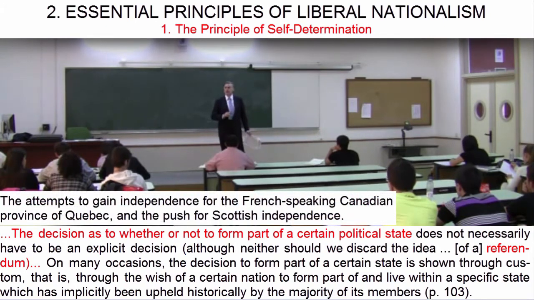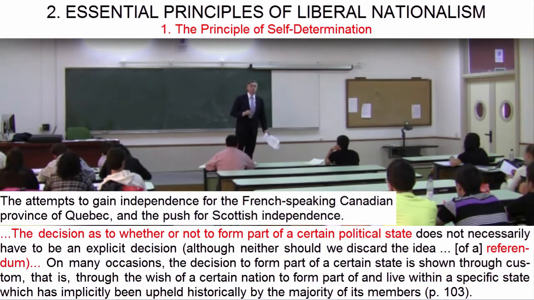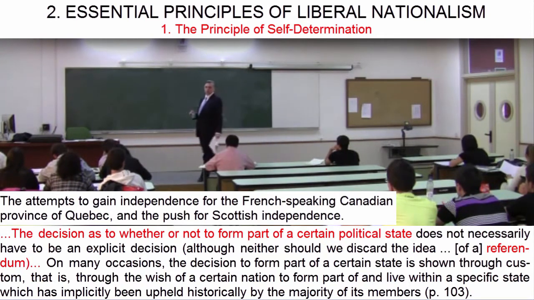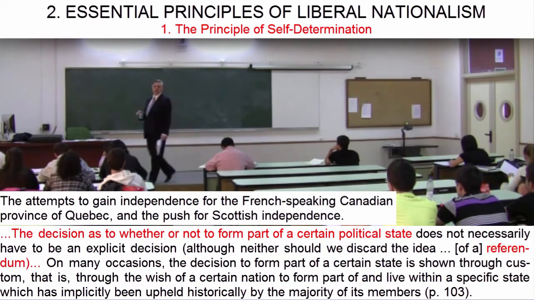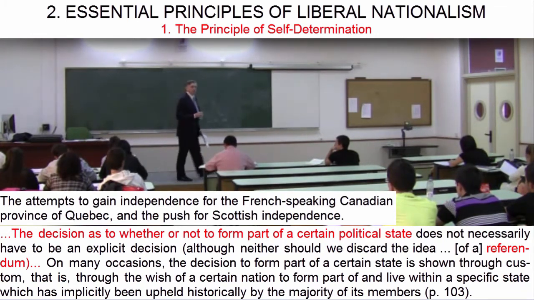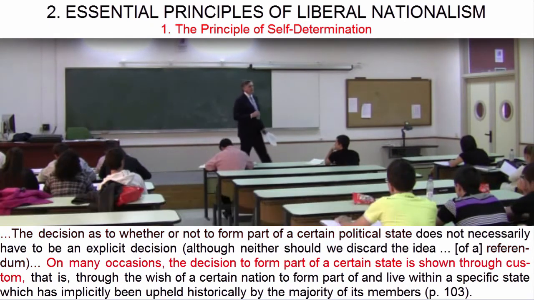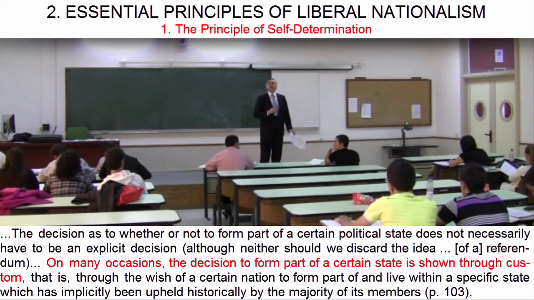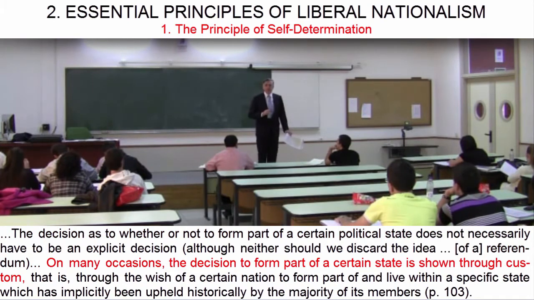There have been other cases in which this has been attempted but has not been achieved, because in the end a sufficient majority has not been obtained, according to the principle of majority rule, such as in the successive attempts made by the French-speaking Canadian province of Quebec to separate from the rest of Canada, or the more recent case of Scotland.